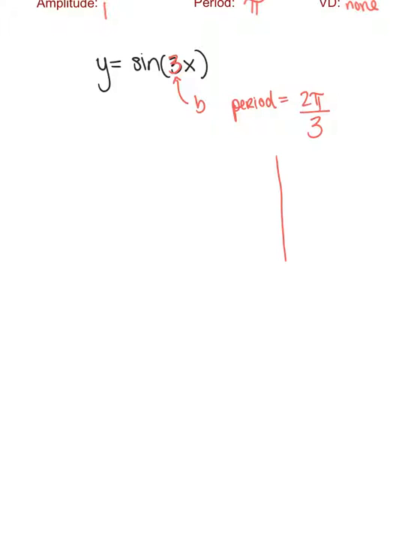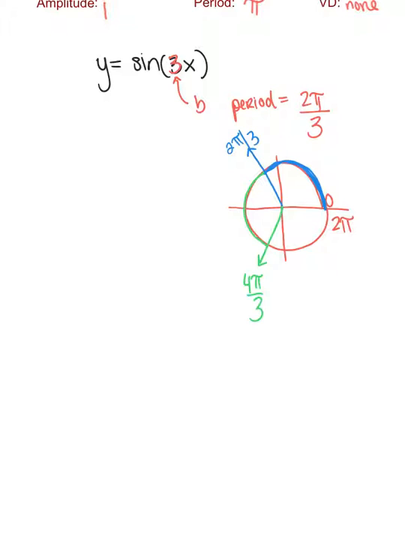So think about that on like my unit circle from 0 to 2 pi. 2 pi over 3 is here. So you're going to have one wave from 0 to 2 pi over 3. Then your next wave is going to occur from 2 pi over 3 down to 4 pi over 3.